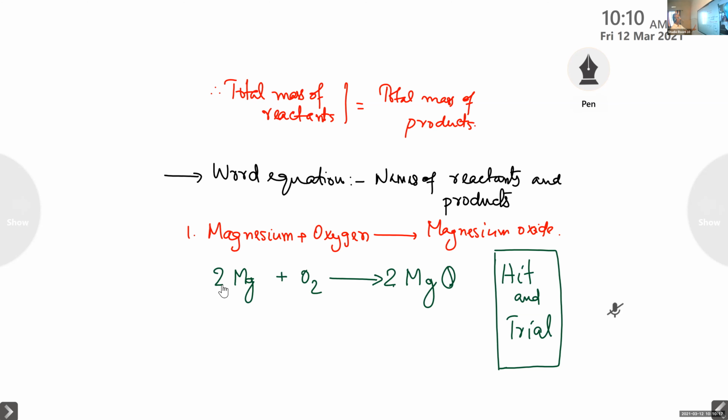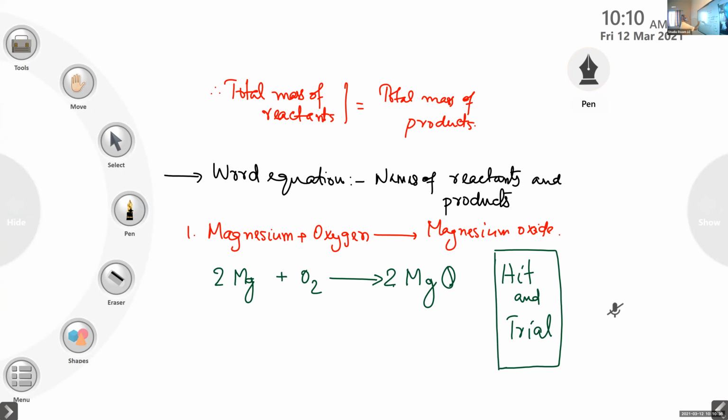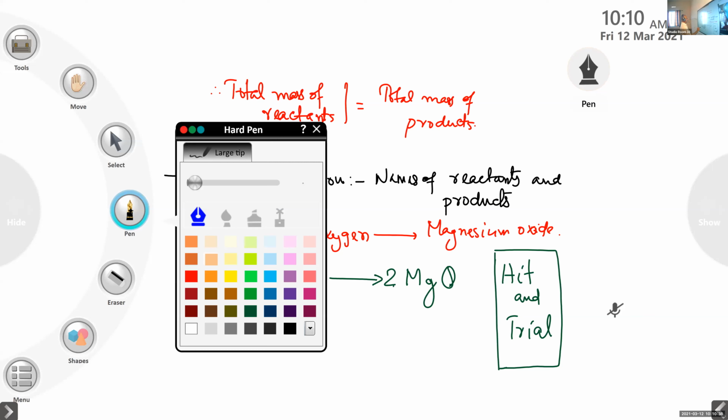So, if you mention the physical states of the reactants and products, then it is called a state equation. We can write solid, liquid, or gas, whichever is the state. Then it is called the state equation.